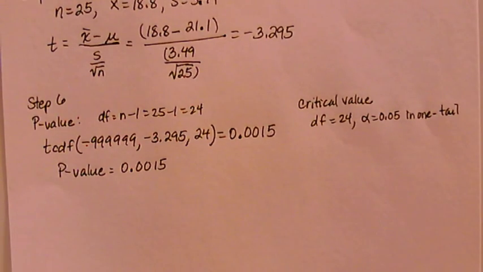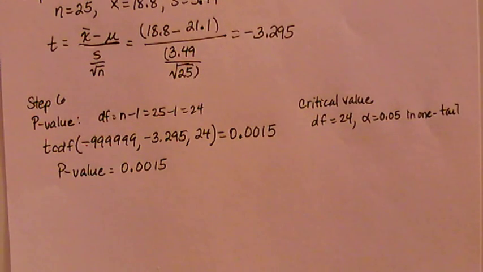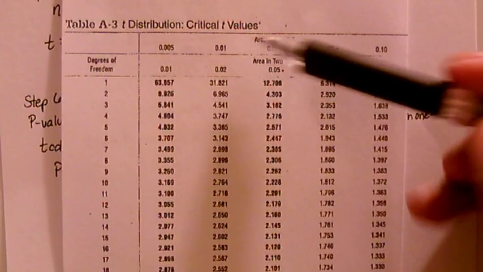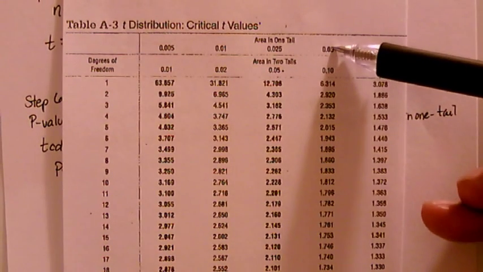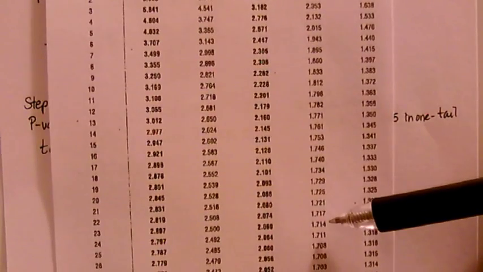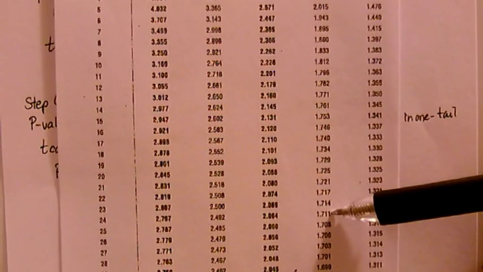So the alpha level will be in one tail. So under alpha area in one tail, we find 0.05, which is right here. And there are 24 degrees of freedom, so we go down to 24, and we find that it's 1.711.